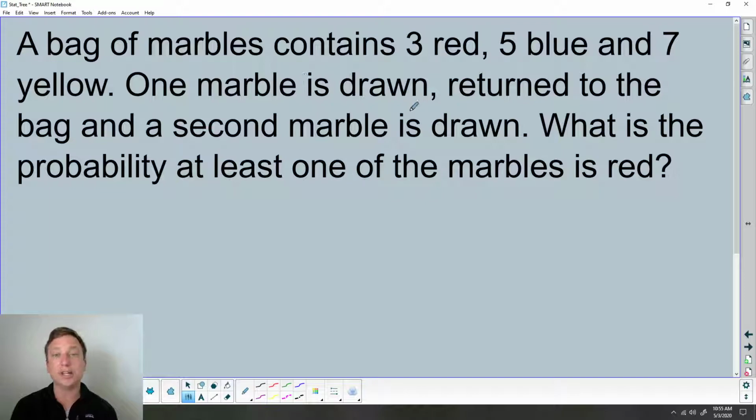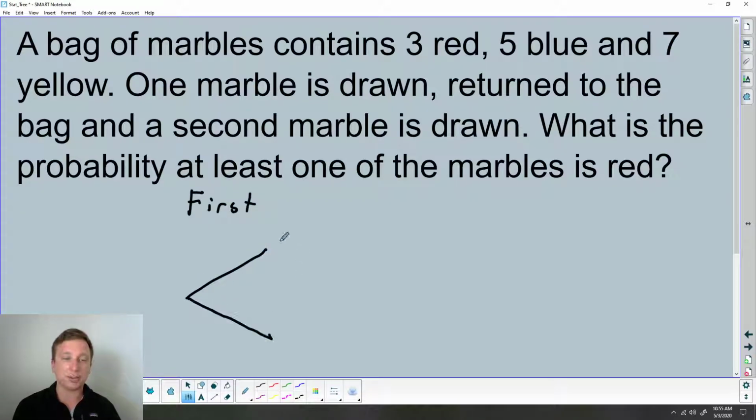So we only care about it being red or it not being red. So in this case, I'm not going to go through and put 3 outcomes because all I care about is when I draw the first marble, it being red or not red. So those are the 2 outcomes. So we have red and then we have not red. And then when I draw the second marble, that's all I care about.